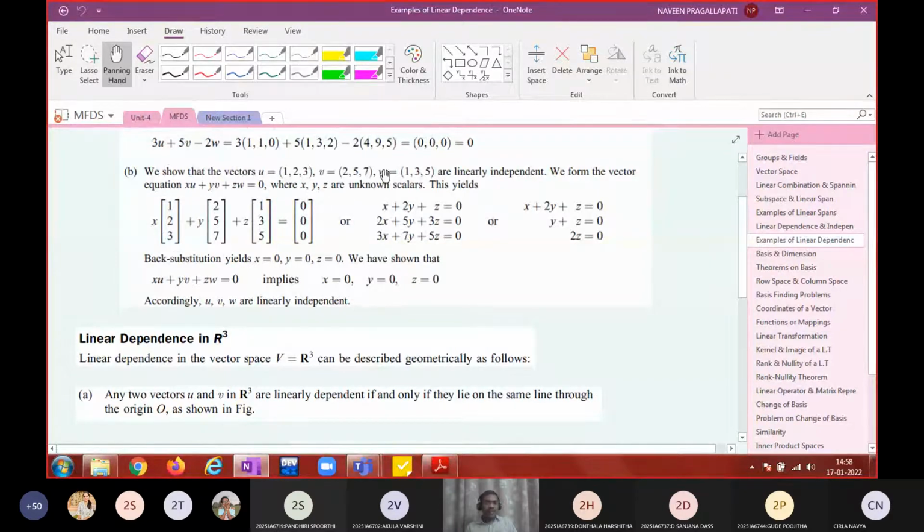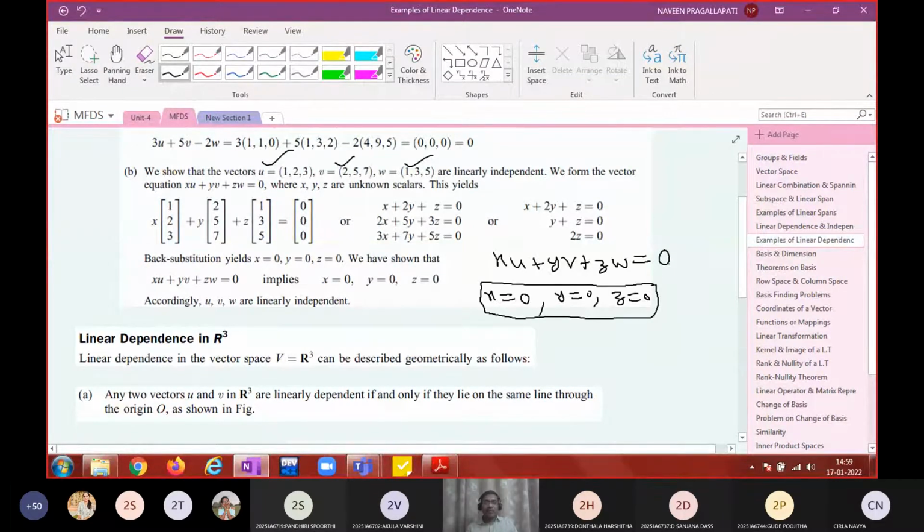You take the linear combination of these three vectors: xu plus yv plus zw, that is x into u plus y into v plus z into w. If I have to say these three vectors are linearly independent, that means x must be 0, y must be 0, z must be 0.